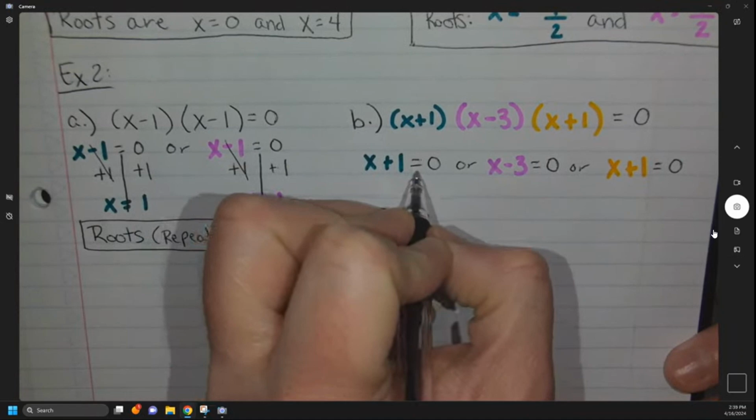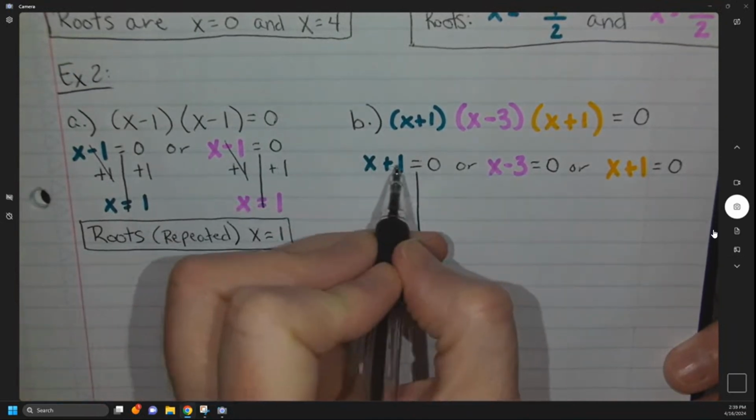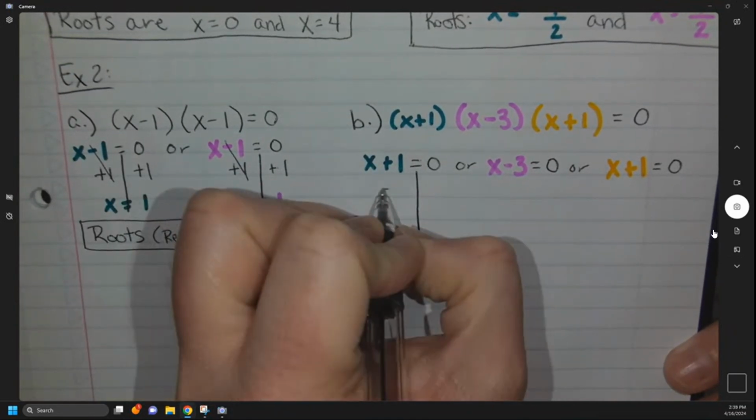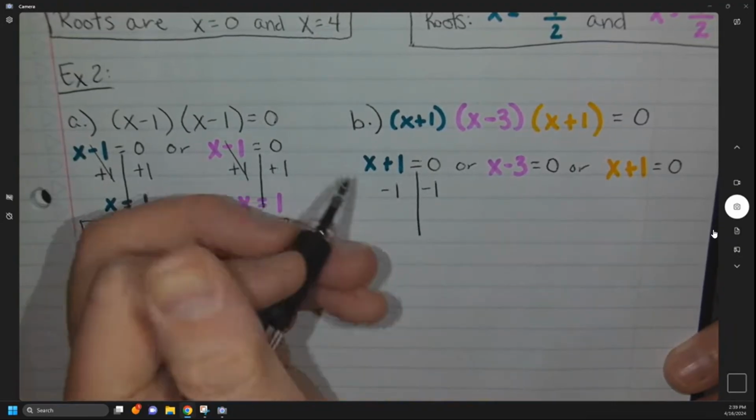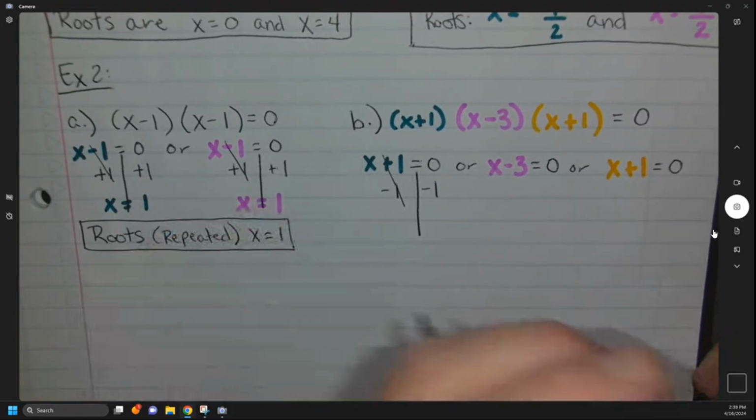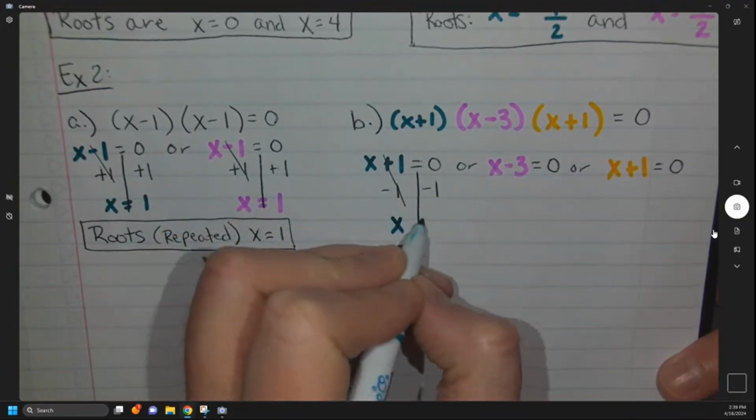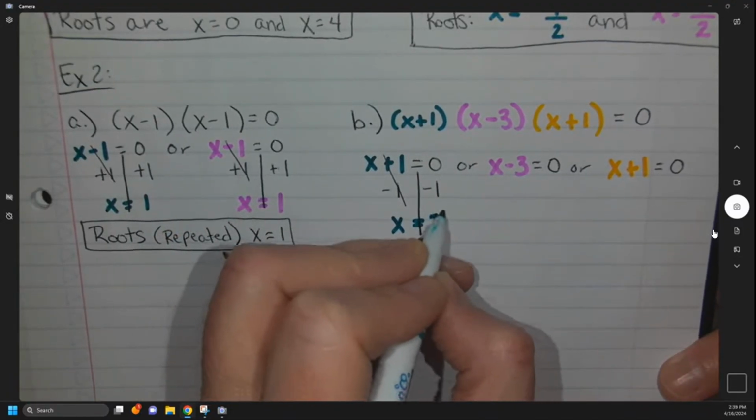So we're going to solve these. X plus 1, in order to get x alone, we have to subtract 1 from both sides. That makes 0. We have that x equals negative 1.